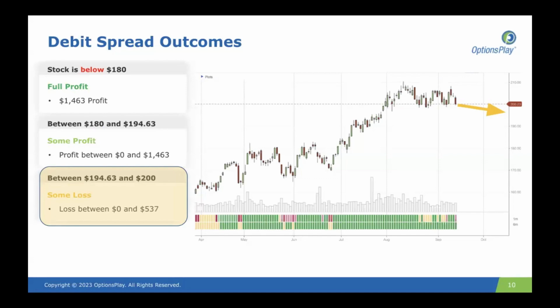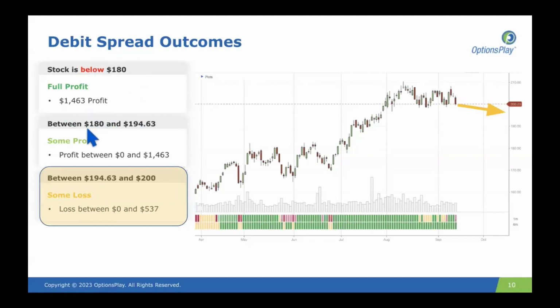If you get to expiration and the stock is trading between your strike prices, then you need to decide, well, where do I want to get in and where do I want to get out of the trade? So it's not a home run. You didn't put the trade on and the stock ran down to 180 where you could make the full profit.